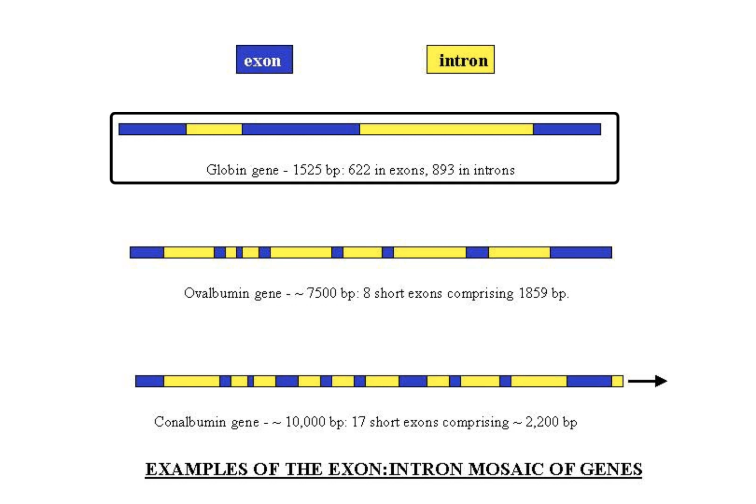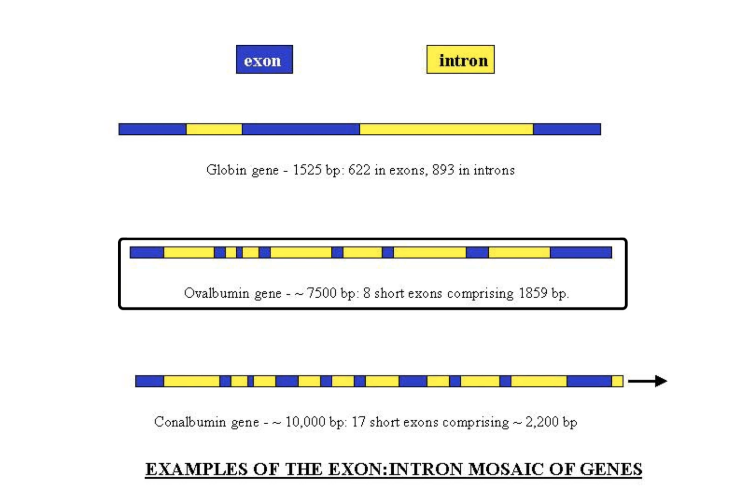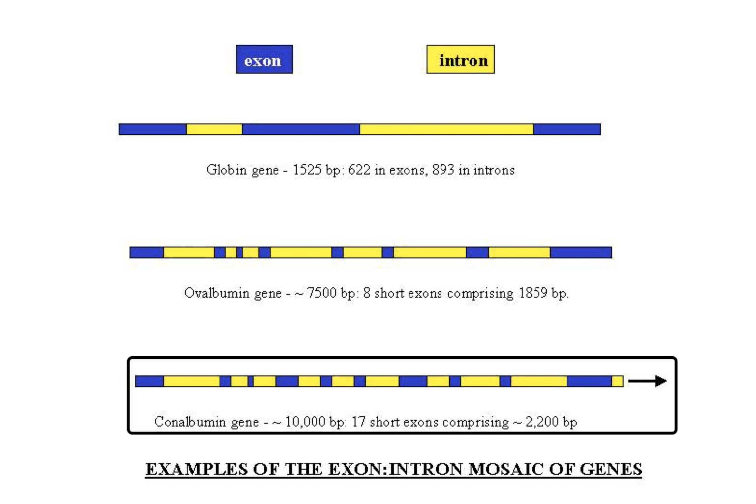Here's the globin genes containing 3 exons and 2 introns. Here's an ovalbumin gene in bird eggs, which has 8 short exons and 7 introns, and the conalbumin gene that contains 17 short exons and 16 introns.